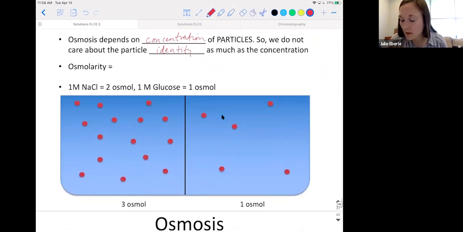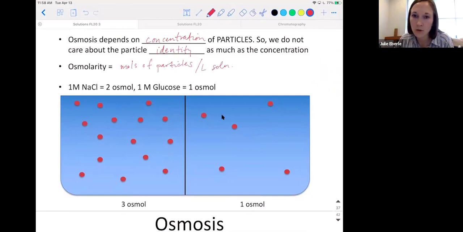So we're going to talk about how that would apply to this picture down here at the bottom in just a second, but I want to actually write out an equation for how we measure osmolarity from a chemistry standpoint. It is just the number of moles of particles. Again, what does particles mean? It means things like glucose, things like ions, moles of particles per liter of solution. Moles of particles per liter.